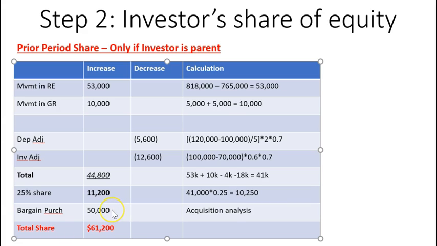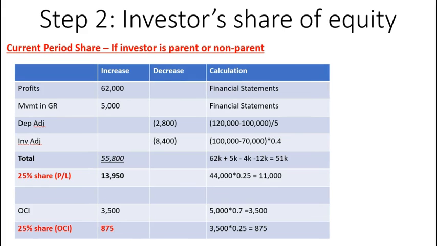So when we add in that $50,000 bargain purchase, we have a total share of $61,200 of prior period equity. So again, continuing with step 2, we have the current period share of equity. So we need to worry about this whether the investor is a parent or not a parent.